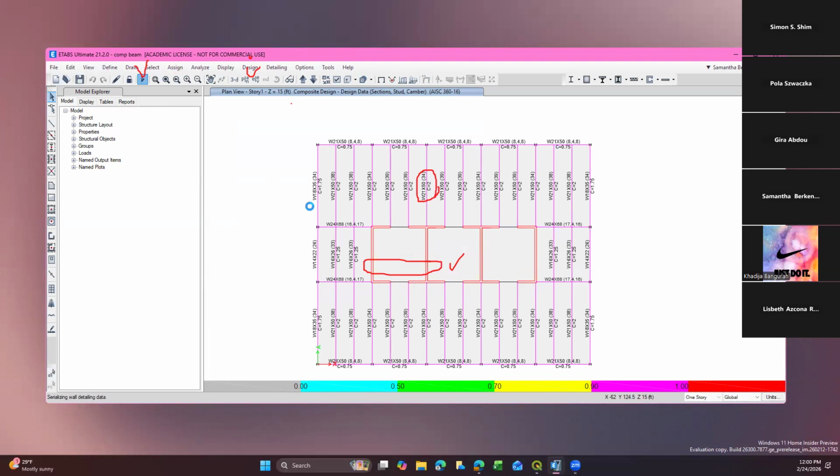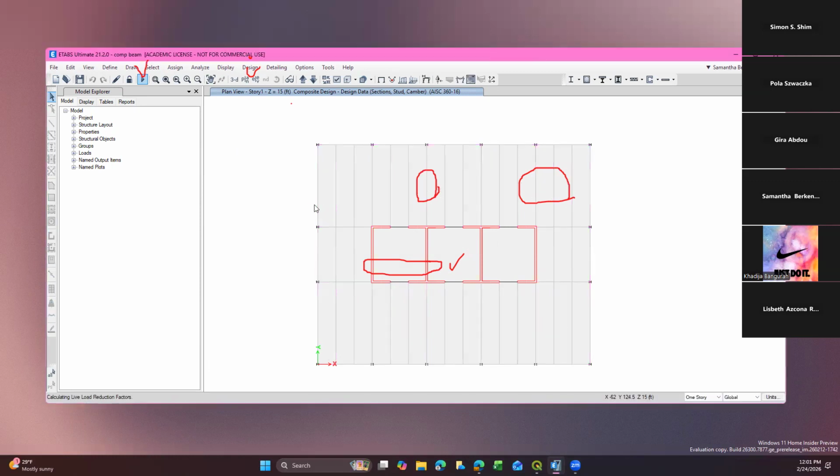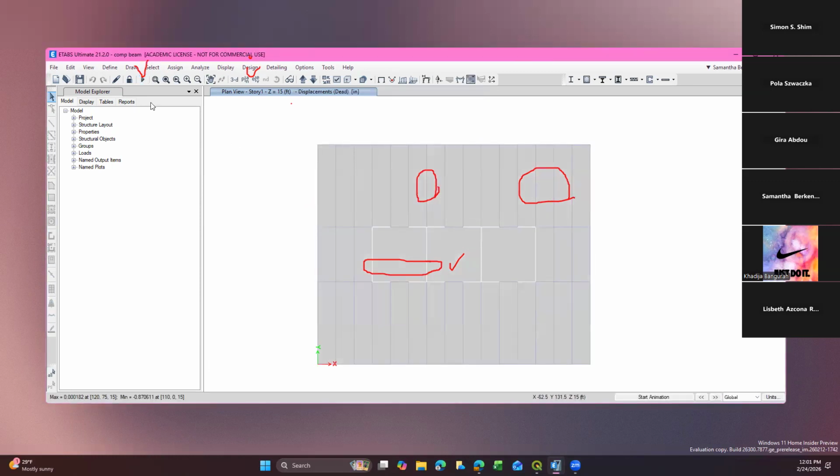So that you see the ETABS selected member size will be overridden over our original section properties. So you basically update your model with those member sizes.